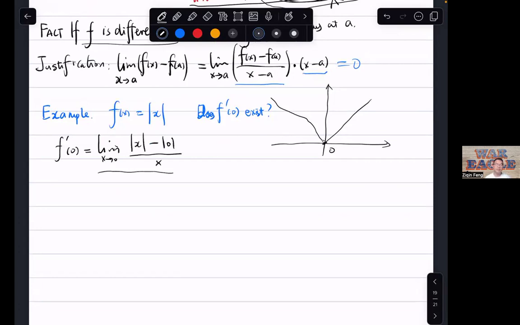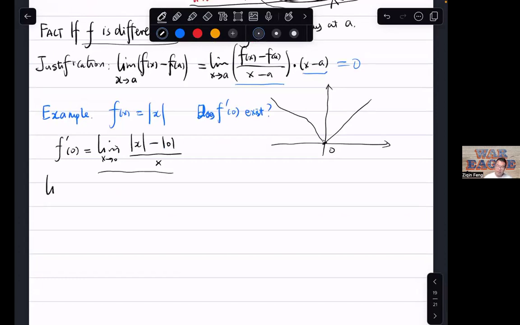If it doesn't exist, then f prime of 0 doesn't exist. We have different ways to evaluate a limit, and here we can use the left and right limits because the definition of absolute value requires dividing into two parts.